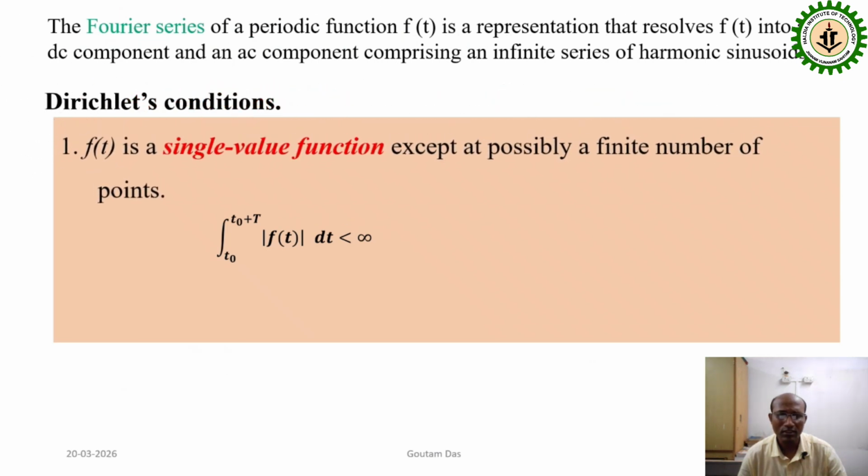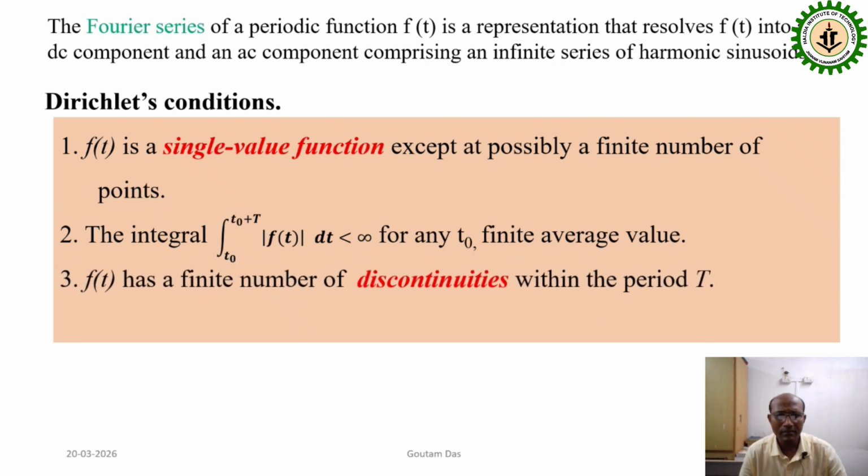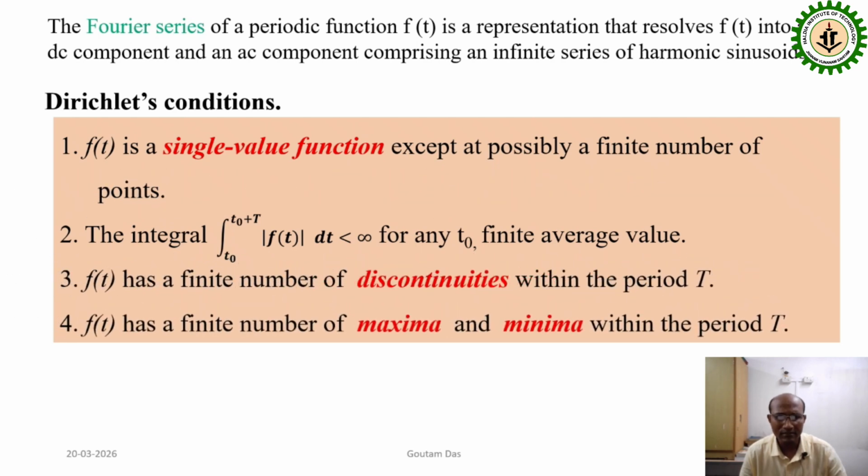Suppose we have a function f of t. That function must satisfy certain conditions so that we can apply the Fourier series on it. Those conditions are called the Dirichlet conditions, and they need to be satisfied before we can apply the Fourier series to f of t.